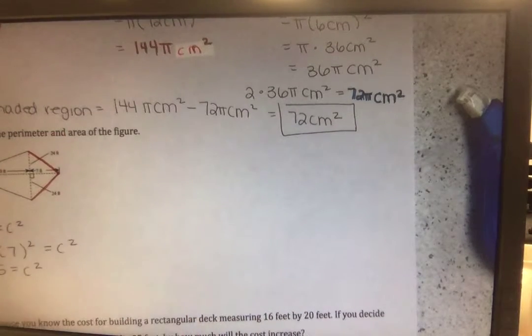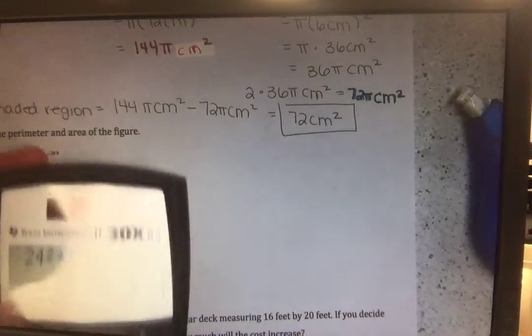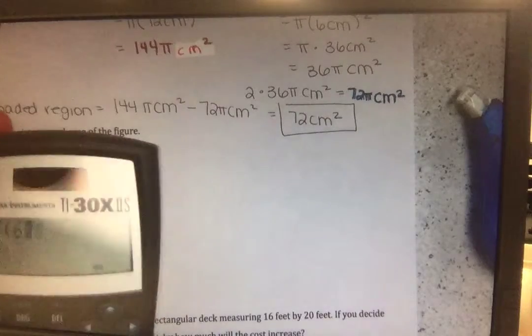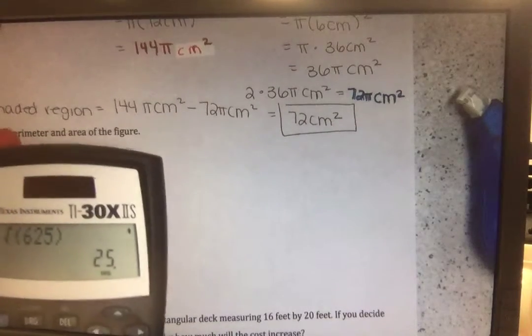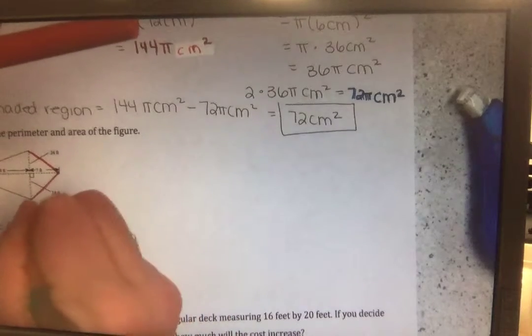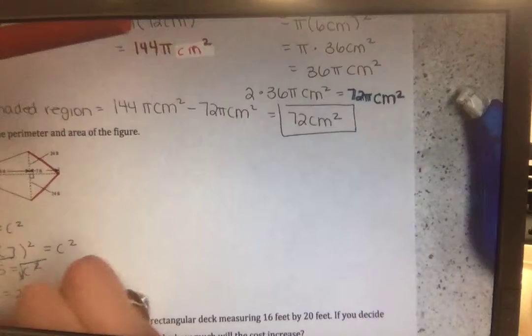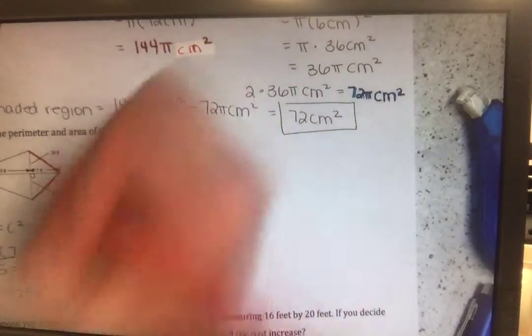Taking the square root of both sides. So the square root of 625 will give us 25. So that way the square root and the square cancel each other out. We know c is 25 feet.